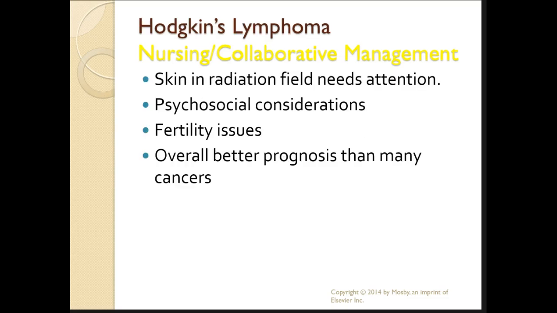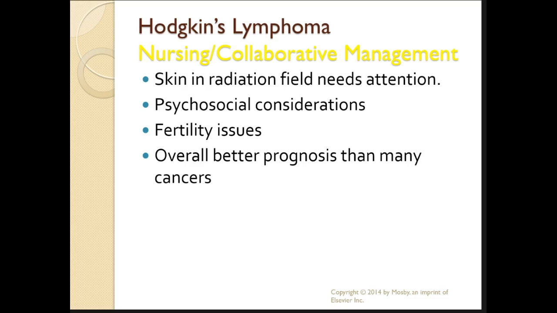We need to think about our nursing care of patients with Hodgkin's lymphoma, which is based largely on managing problems that are related to the disease, such as actual pain related to the tumor, superior vena cava syndrome if the patient has mediastinal lymph node involvement, pancytopenia, and other effects of the treatment that they're undergoing.